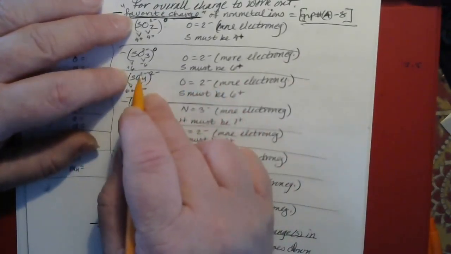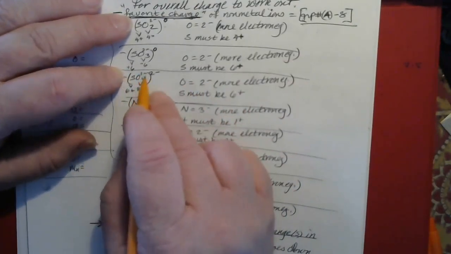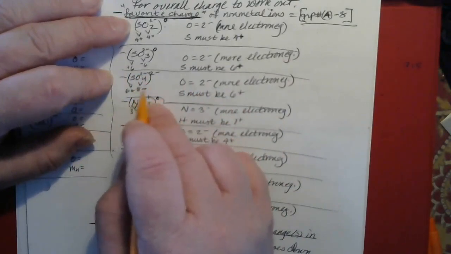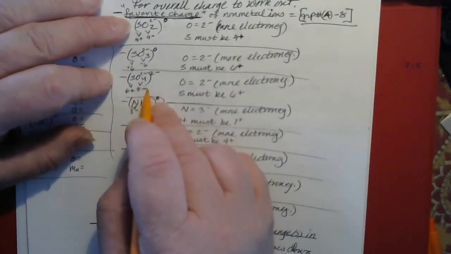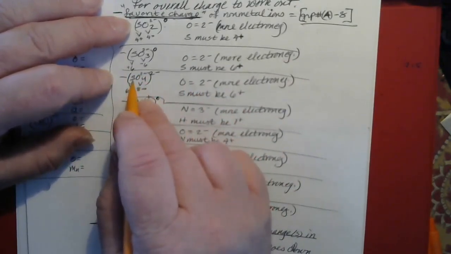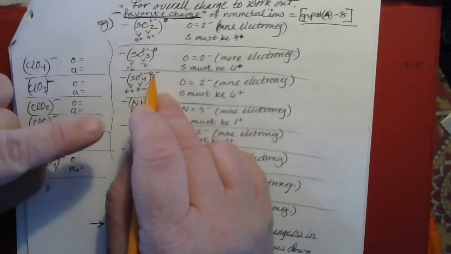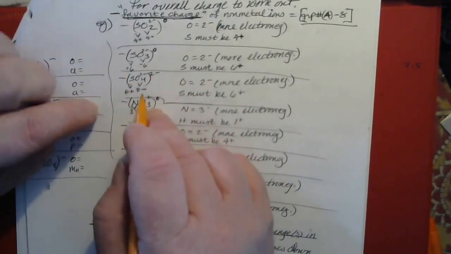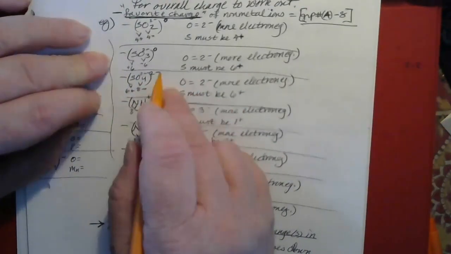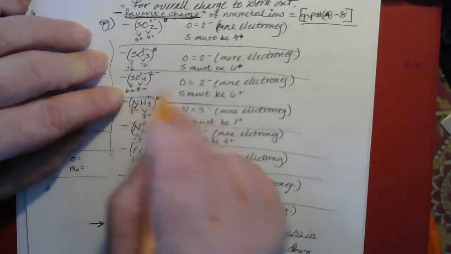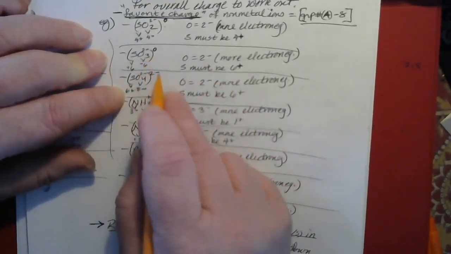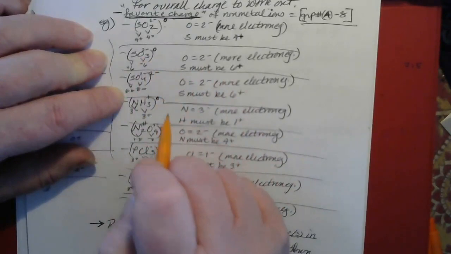If each oxygen is minus 2, and there are 4 of them, that would mean a charge of minus 8 collectively for the oxygens. And again, there's only 1 sulfur to bring that up to minus 2 this time. You're not bringing it up to 0, you're bringing it up to minus 2. So to go from minus 8 to minus 2, that's a difference of 6. So sulfur here is also plus 6, just like it is in SO3, the molecule.